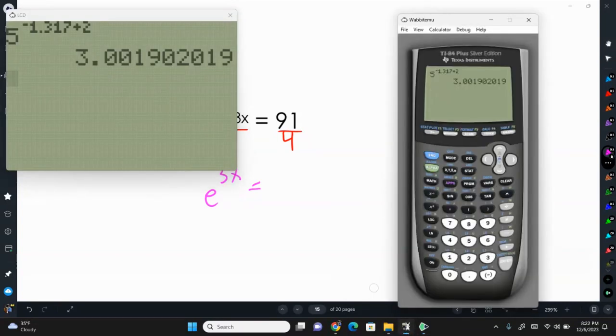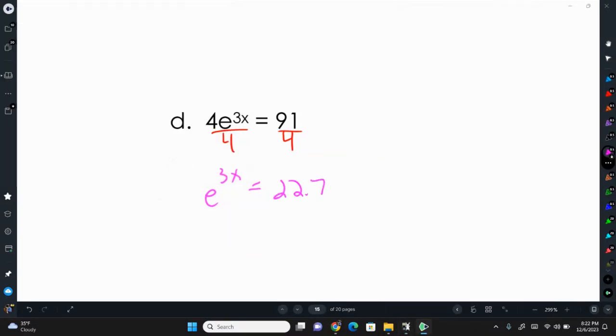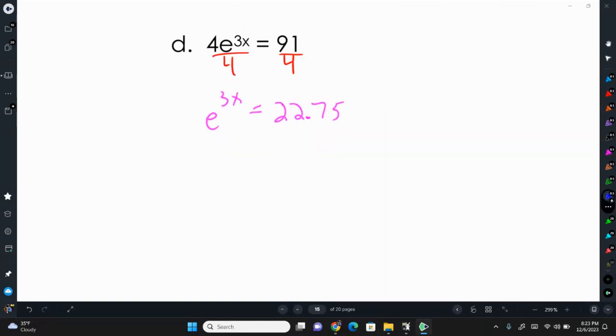And then as a decimal, 91 divided by 4, we get 22.75. So then we convert this to logarithmic form. We have log base e, which is the ln or natural log of 22.75 equals the exponent 3x.